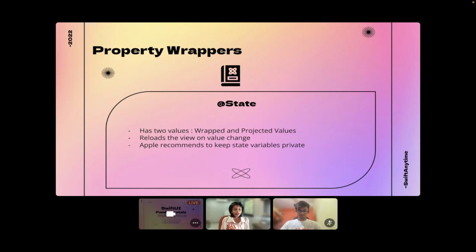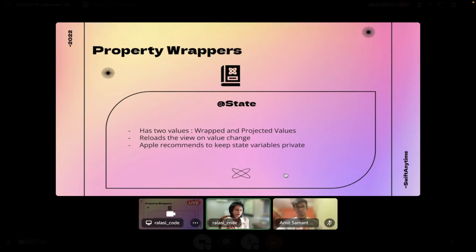It helps in reloading the view, and that is for a reason. SwiftUI views are struct based, so for changing a particular thing in the view, we would have to change the value, and that is why State is used a lot. If I want to change something in the view, I would have to change a particular value, and that is how the view will update. So that's why this property wrapper is used a lot.